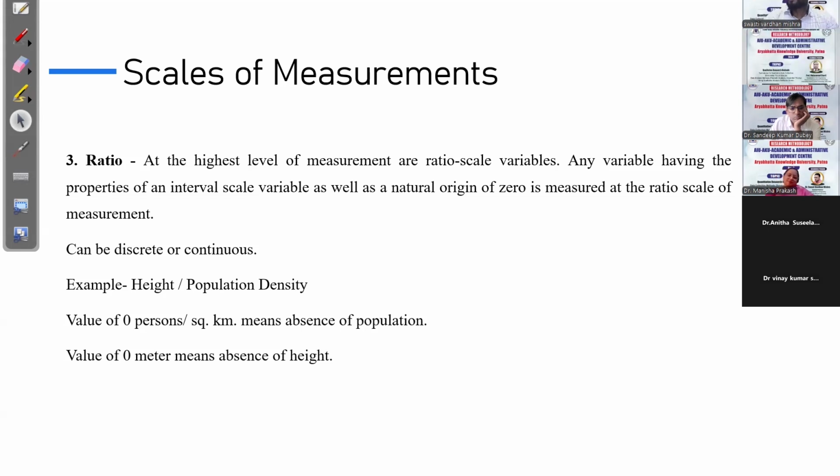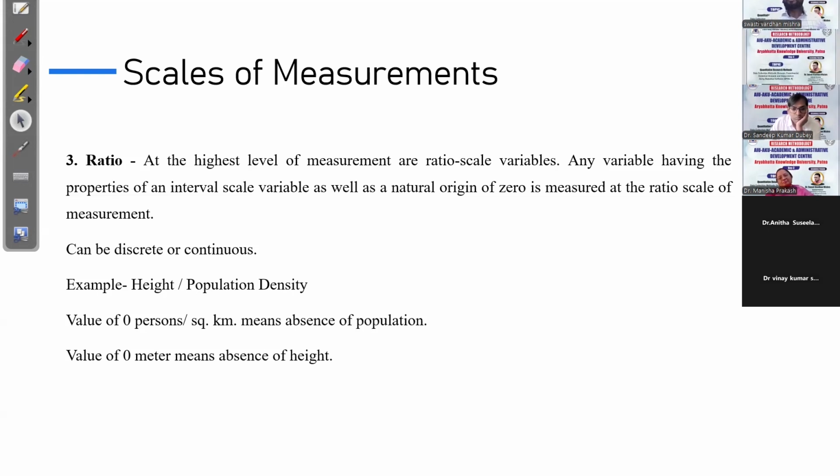If it is population data, it cannot be continuous, for example how many population in a particular square kilometer of area. You cannot say, sir, there are 450.78 population. 0.78 cannot be a population. If a person is there, it needs to be counted as 1. So population density is discrete, but if you say height is say 14.71 meters, it can be continuous.